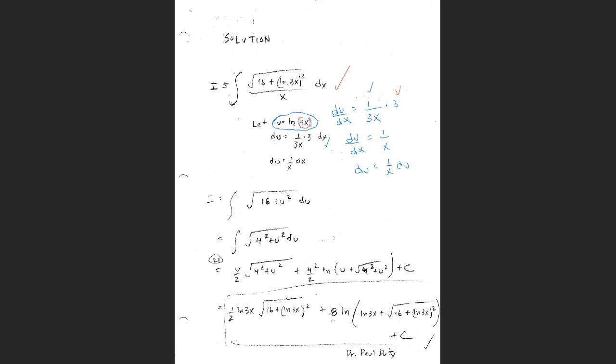So with this substitution, the square root of 16 plus the log of 3x squared becomes 16 plus u squared. We're happy about that. And then the 1 over x dx, that becomes du.